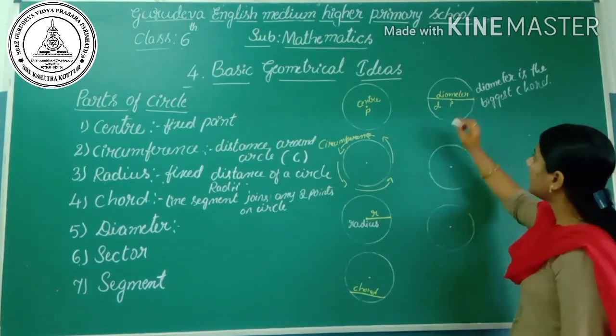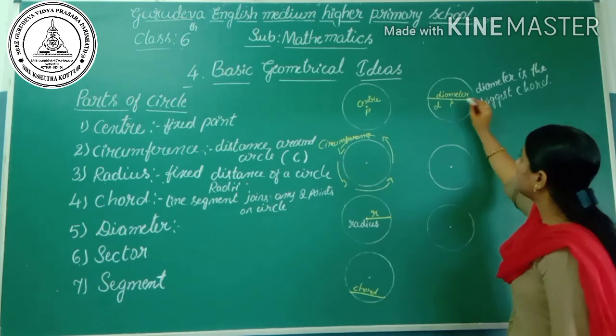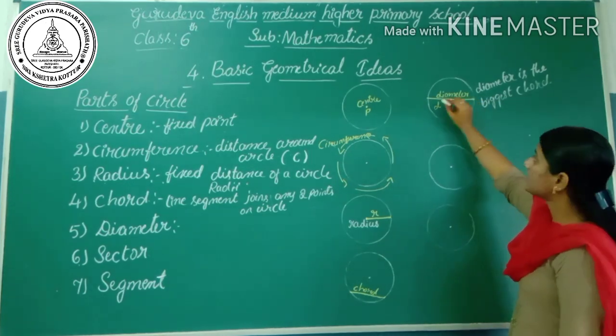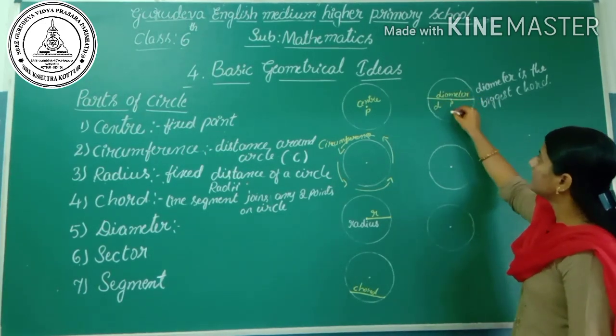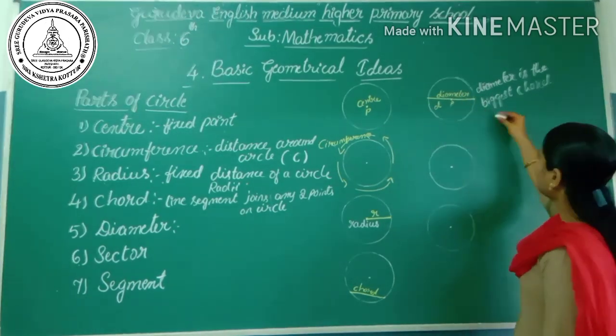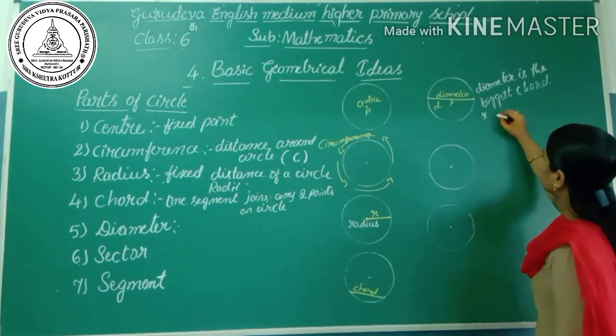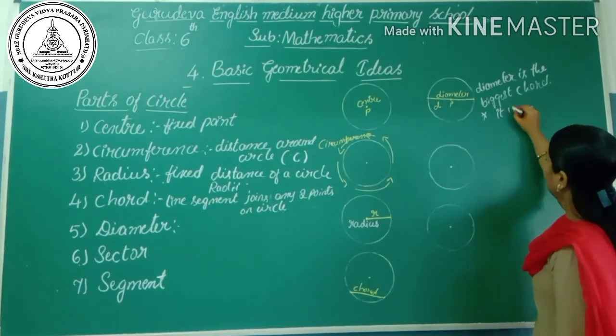Here there is a center, and the distance from the center to the circumference of the circle is the radius. So we can say that diameter is 2 times the radius. Yes, diameter is twice the radius.